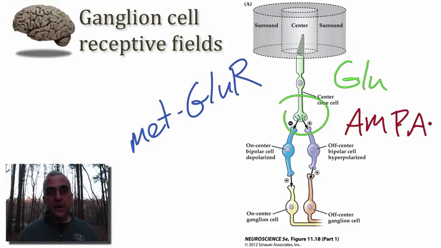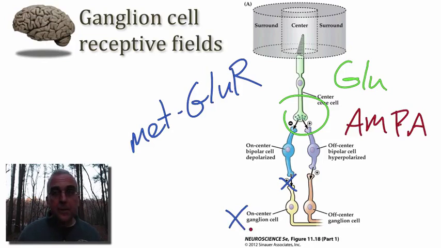So this is what's happening in the dark when the cell is depolarized at the level of about minus 40 millivolts, and glutamate is being released constantly in the dark. It's keeping that on-center bipolar cell hyperpolarized, meaning that it is not releasing its neurotransmitter on the on-center ganglion cell, so the on-center ganglion cell is essentially turned off in the dark.